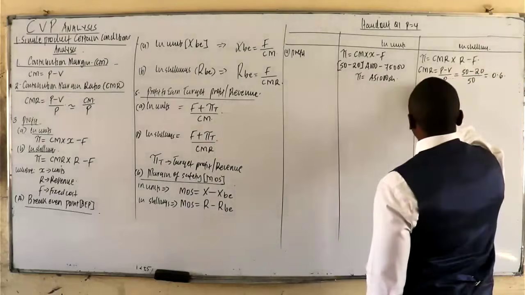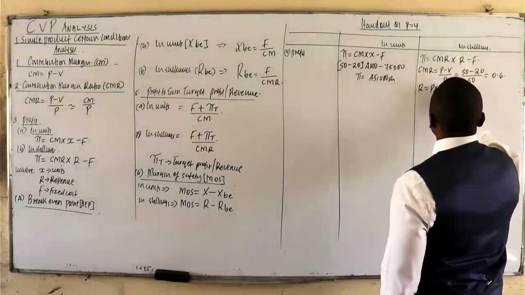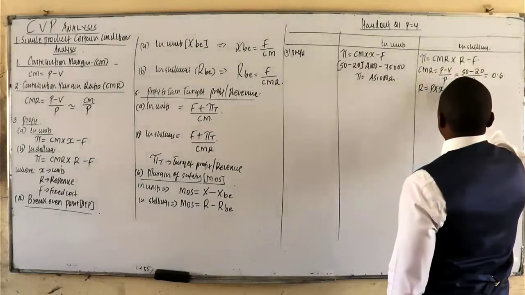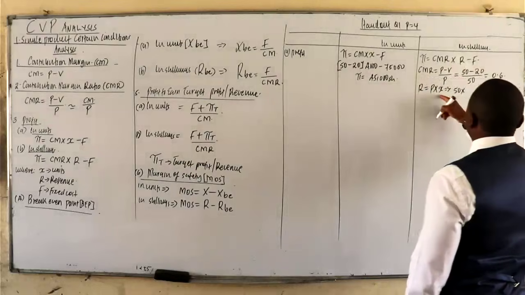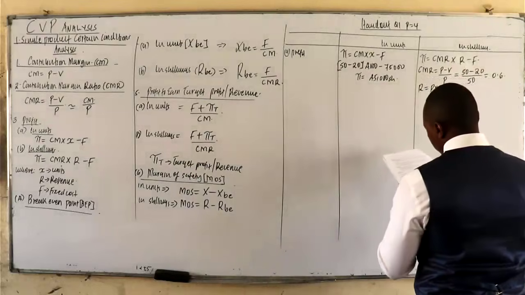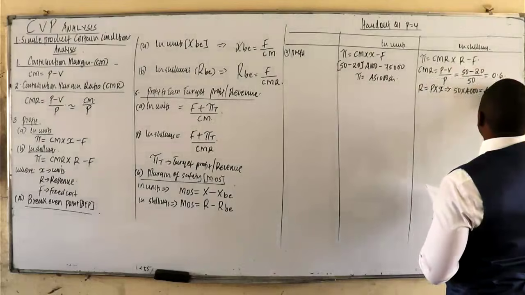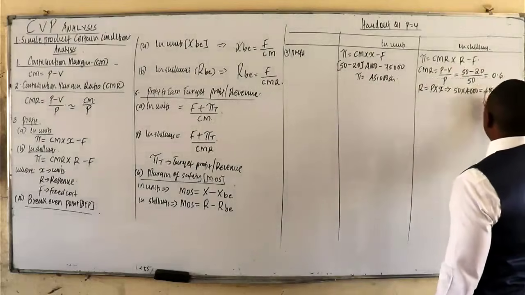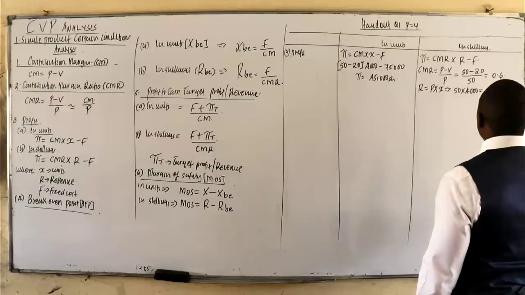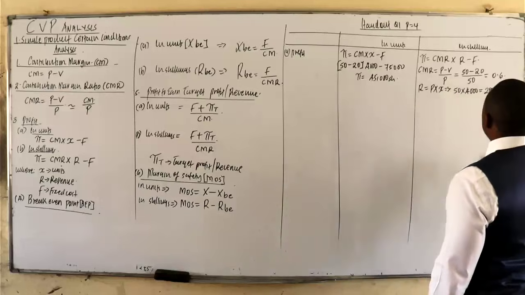To get the revenue, revenue is the price times the quantity. The selling price is 50, X is the number of units. We sold 4,000 units. That means the sales was an amount of 200,000.